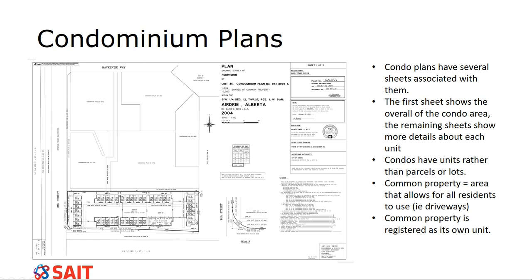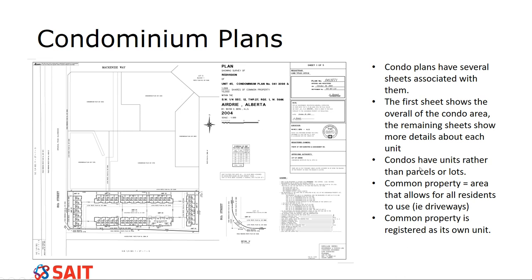On the first page of the condo plan, you're going to see the boundary set out for that area of the condo. Here we have a bunch of conventional townhouses. They decided to adjust the road while they were at it, so they had to adjust the boundary. You can see they put in a little road change there as well.